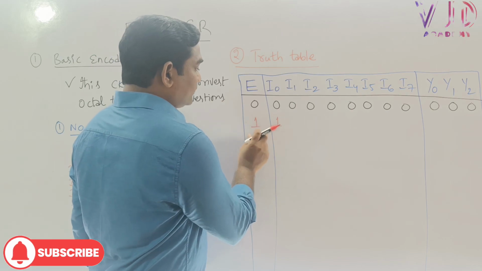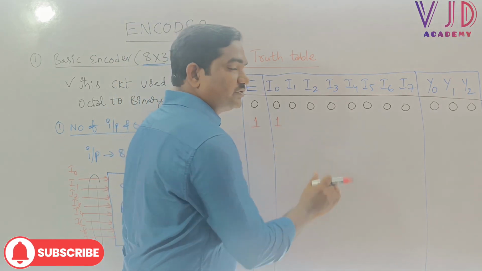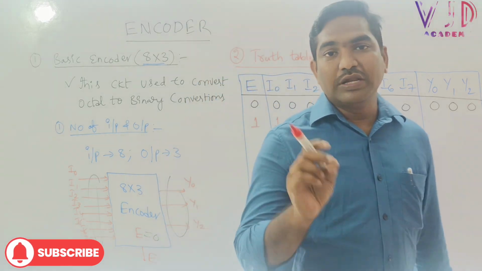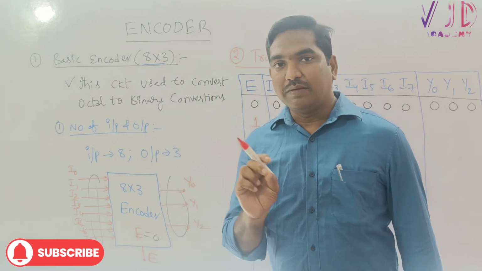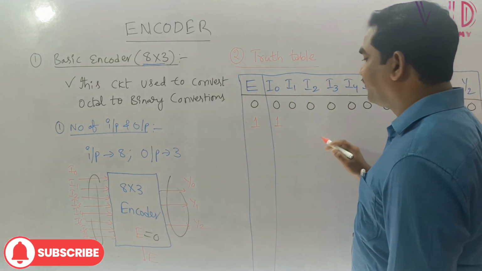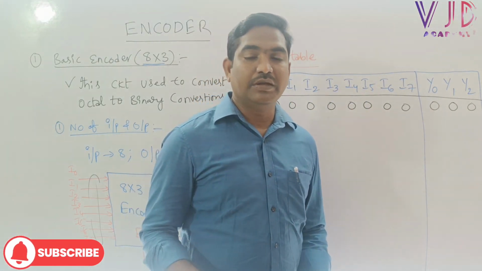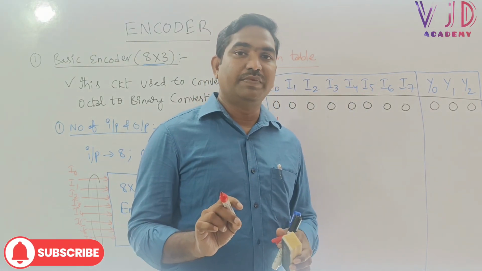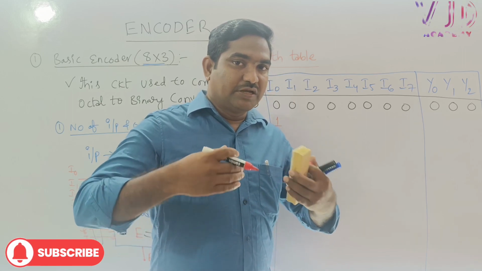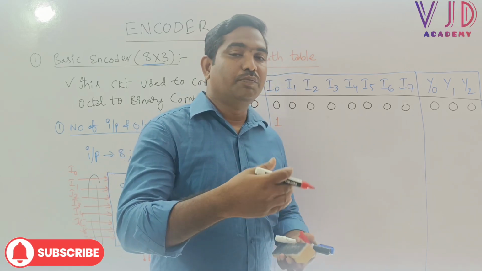Suppose here enable is 1, not only I0, one of the inputs will be enabled at a time. Only one of the inputs will be enabled, not I0, I2, I3, I4, something like that. So many number of inputs will not be available. Only one input will be enabled, and based upon that enabled input, data will be converted to binary.